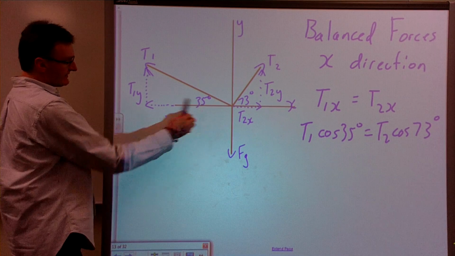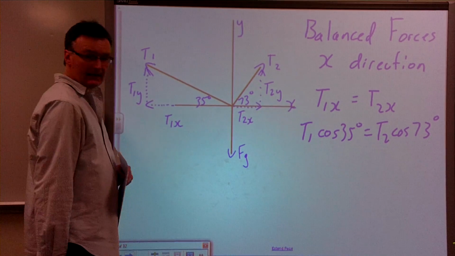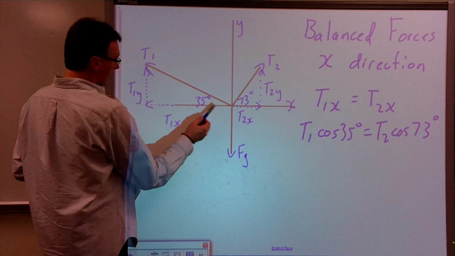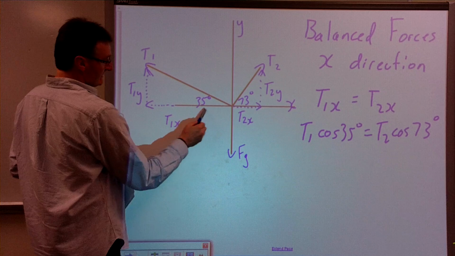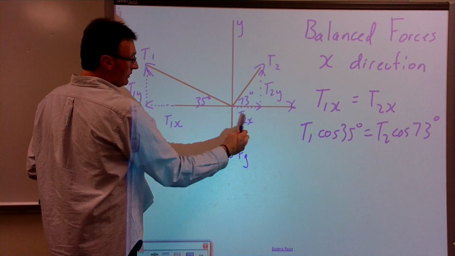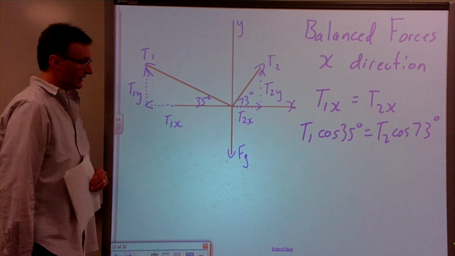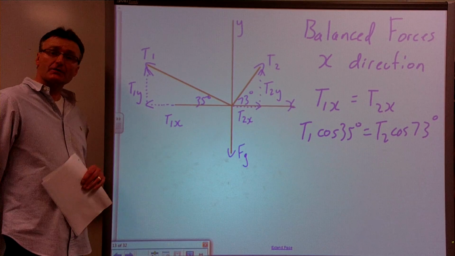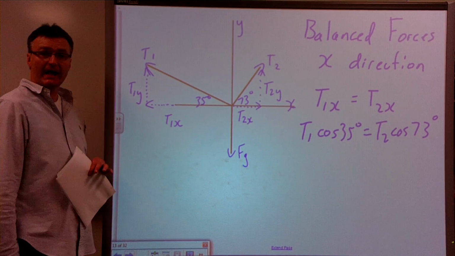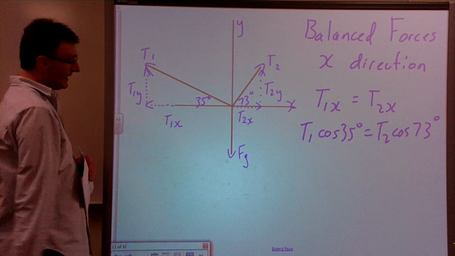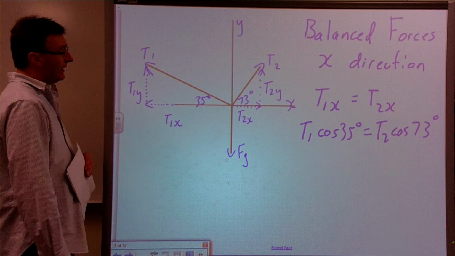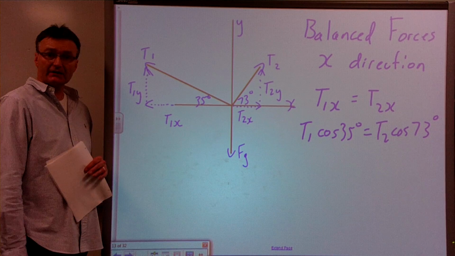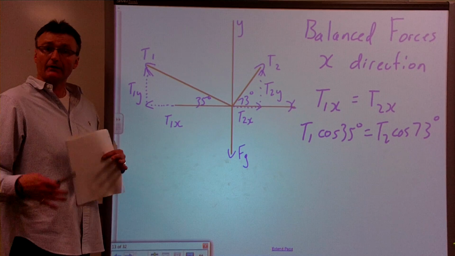So T1x has to equal T2x. So we have T1 cos 35 degrees equals T2 cos 73 degrees. That's as far as we can take that equation for now. We will need to make use of that again later on.